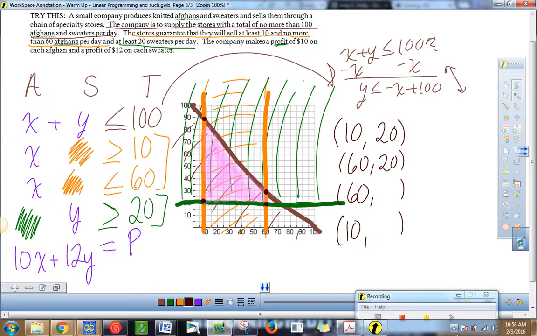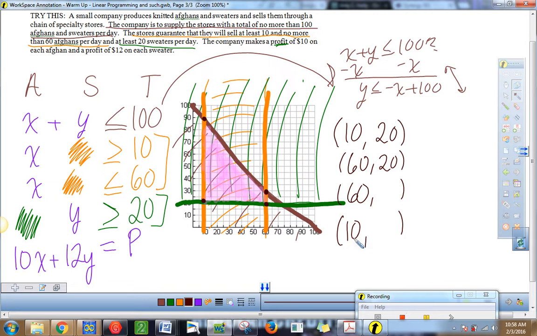Now, if you did your graph really precisely and used a straight edge, you might be able to just tell me what those other numbers are, because this problem has a beautiful slope. If you're not sure, let's look at this equation. Whatever x plus y is, it's got to be 100.